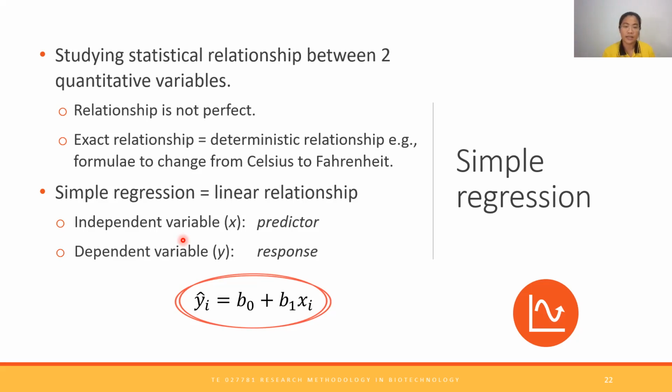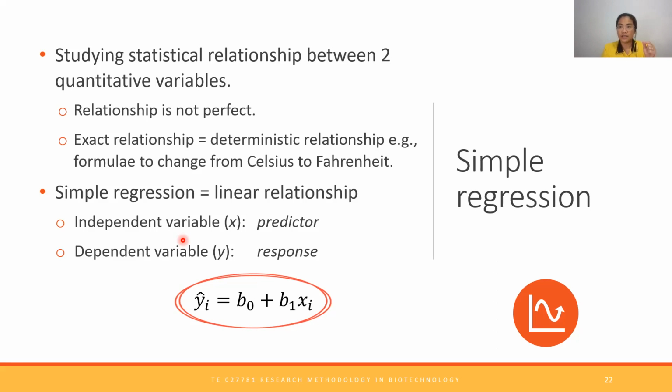For example, when you are doing your experiment, you want to vary temperature and see how the cell is growing by measuring the optical density of the cell. So the predictor would be temperature, right? So it is the independent variable. You pick at what temperature you want to do your experiment.